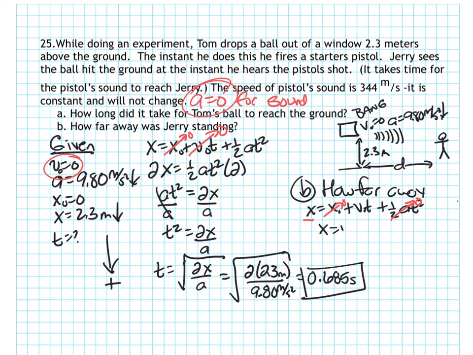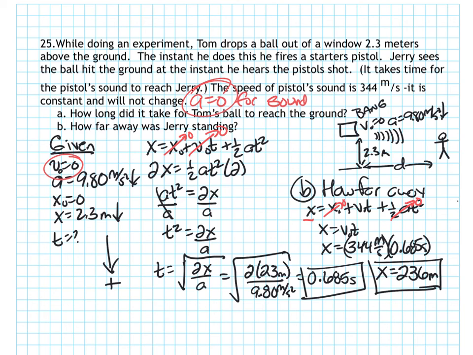So x is equal to v naught times t. x is equal to 344 meters per second times the time I just calculated, 0.685 seconds. So Jerry is equal to 236 meters away.